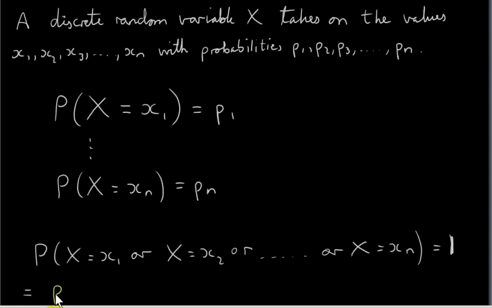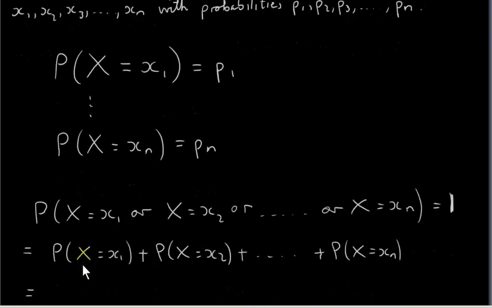So this is equal to the probability that X equals x1 plus the probability that X equals x2 plus as far as the probability that X equals xn. But the probability that X equals x1 is written p1, and this probability is written p2. The last one is pn. So the sum of all these probabilities is 1.